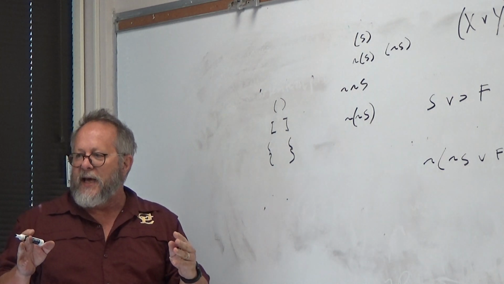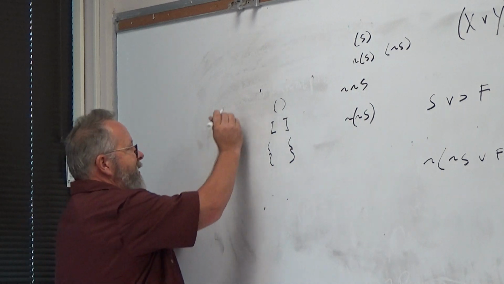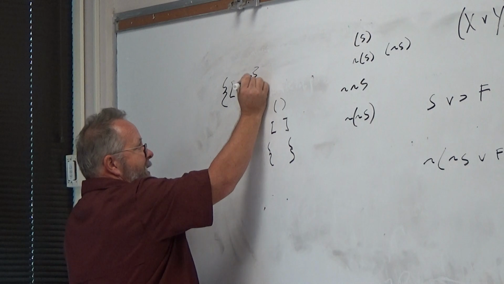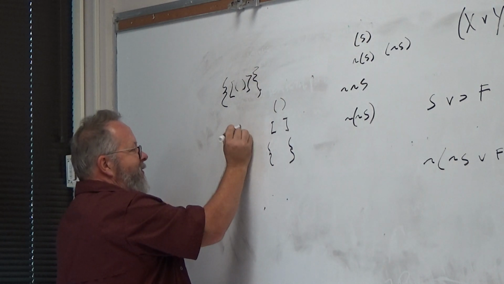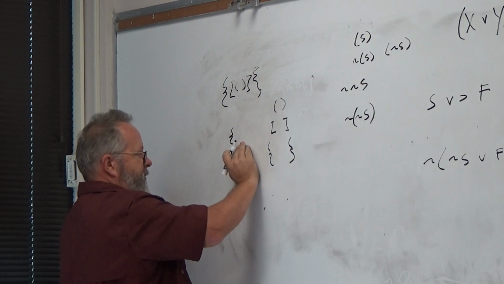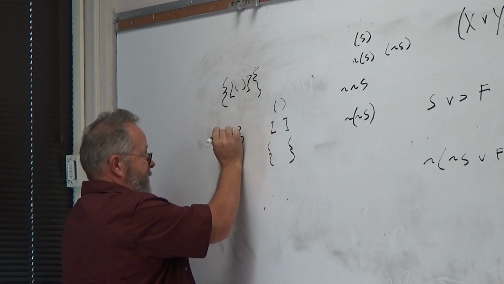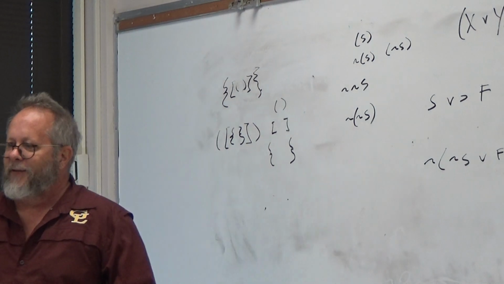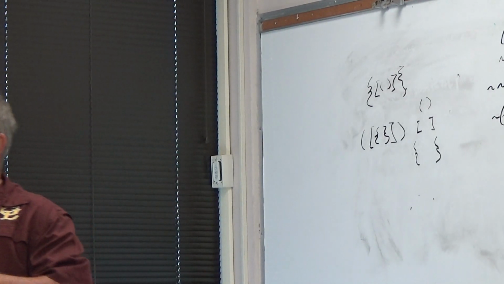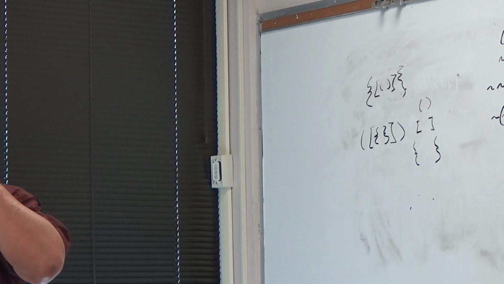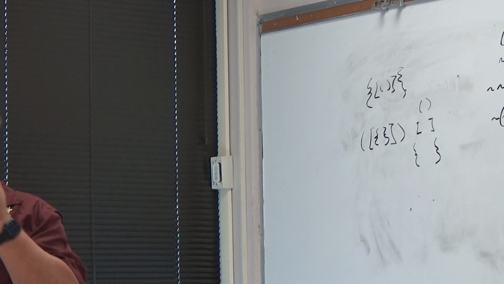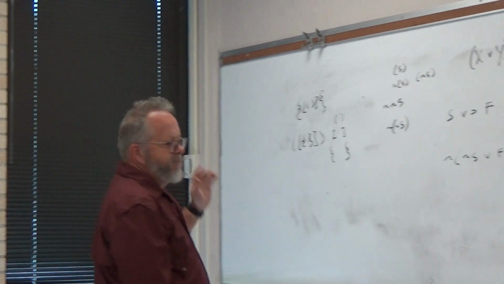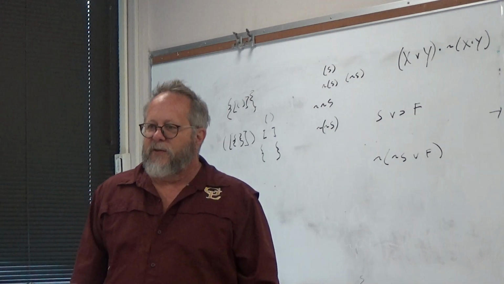The convention is that these are innermost, and then those are outer, and then those are outermost. So if you did something like this, people would really hate you, right? But technically it's not wrong. A compiler would see those as the same, right? Any other questions?